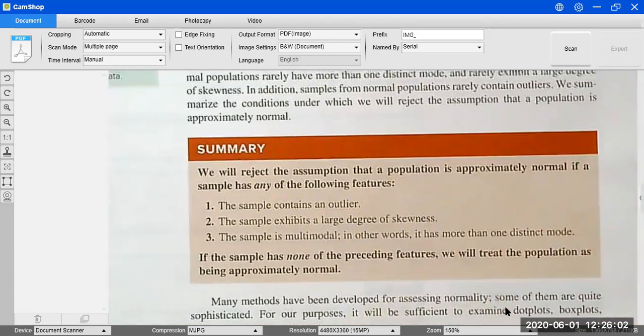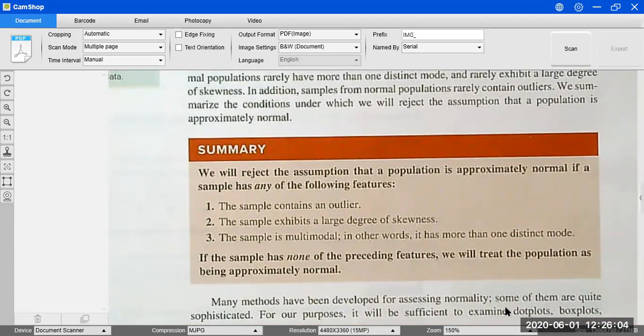If you see one of these three conditions being satisfied, then you cannot use the normal distribution. One condition is if the sample contains an outlier. You now know how to tell whether there is an outlier; we covered that in chapter 3, so check again how to find out whether you have an outlier in your sample.